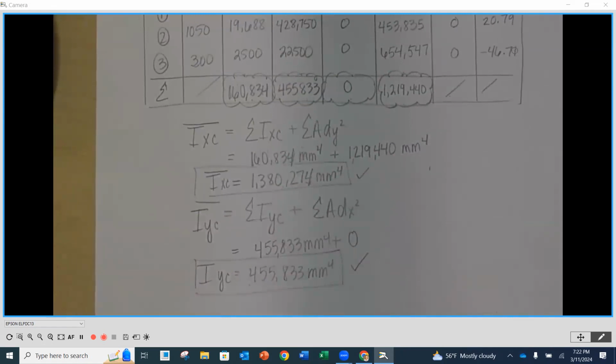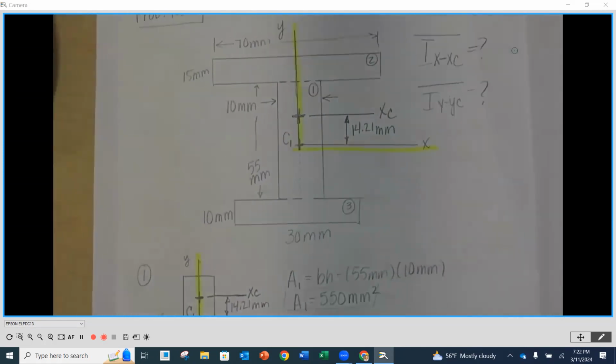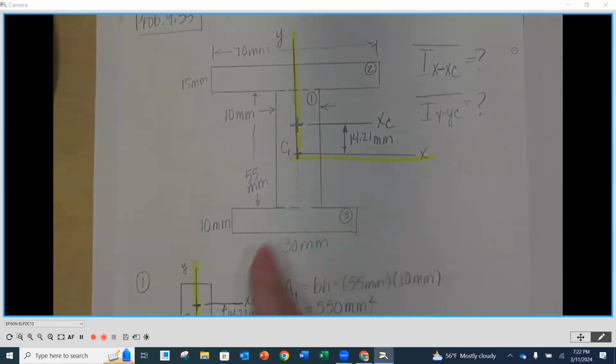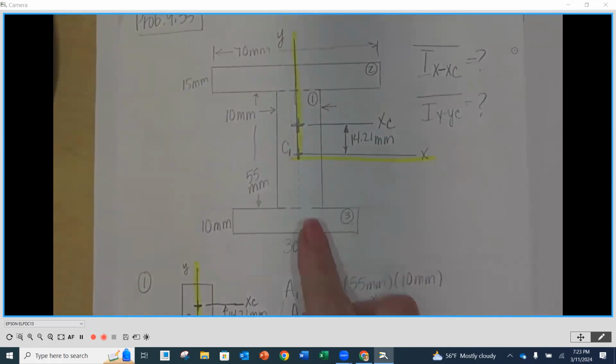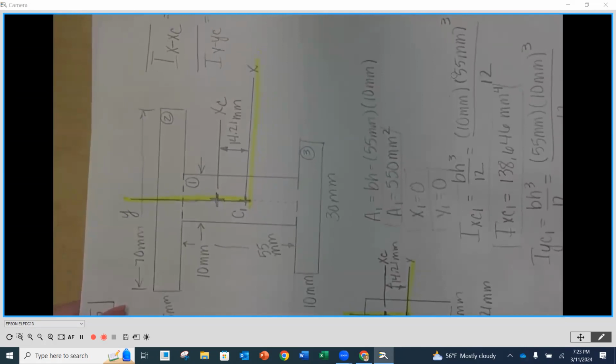As we look at this again, for the same cross-sectional area, the orientation where we summed our moments about the centroidal x-axis is what produced the more rigid, less flexible, higher moment of inertia, with more resistance to bending in this orientation as opposed to this orientation.